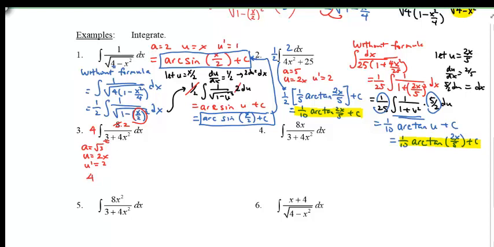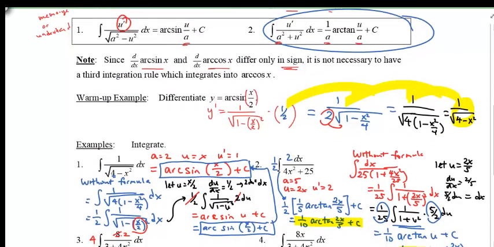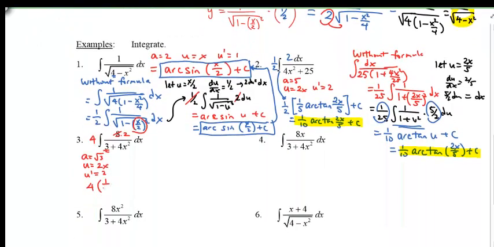So this becomes 4. And then I can say, using the formula, 1 over a, so 1 over root 3 arctangent of u, 2x over a, root 3, plus c. And that's your answer. Okay?